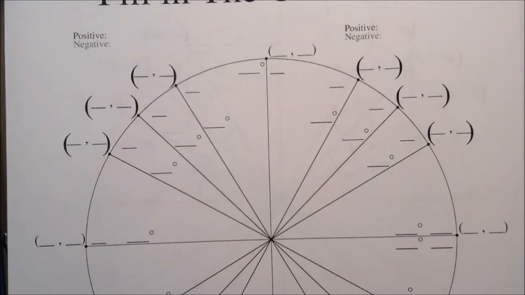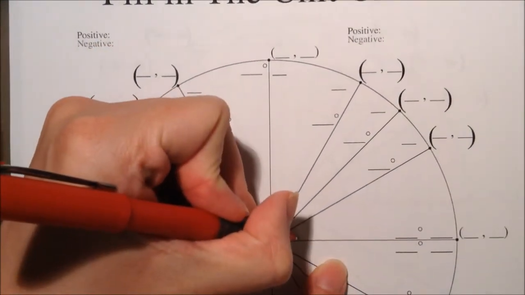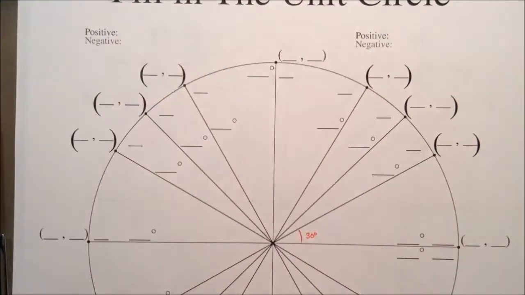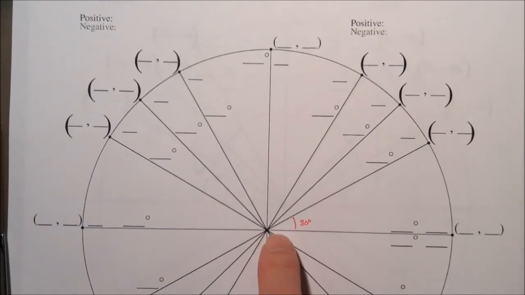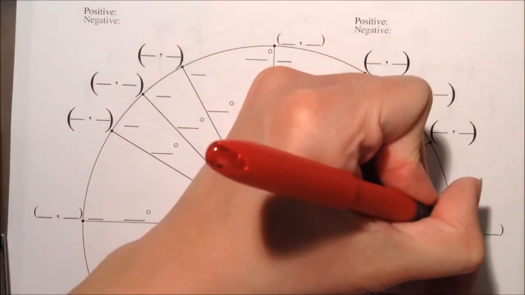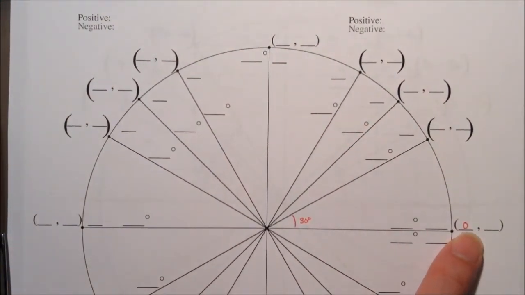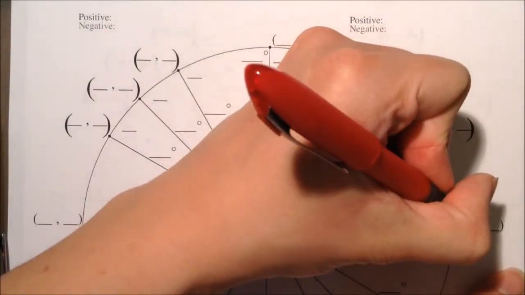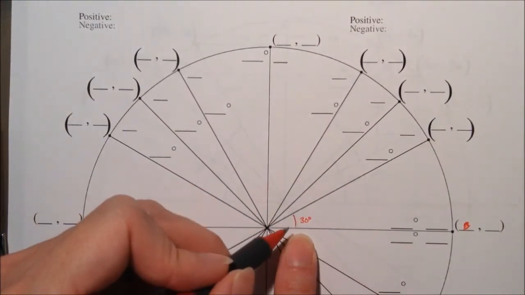So let's do 30 degrees. Now remember, if I were to do sine of 0 degrees, this would be 0. Again, there's a little mistake I made.